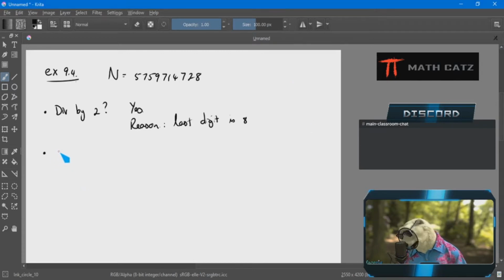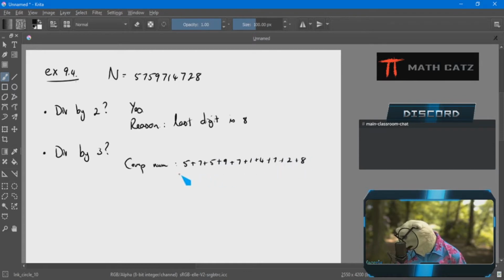Next up, we're just going to go in order. Is the number divisible by 3? Well, for that, I need my comparison number. It's going to be 5 plus 7 plus 5 plus 9 plus 7 plus 1 plus 4 plus 7 plus 2 plus 8.